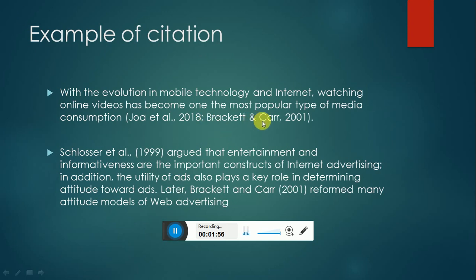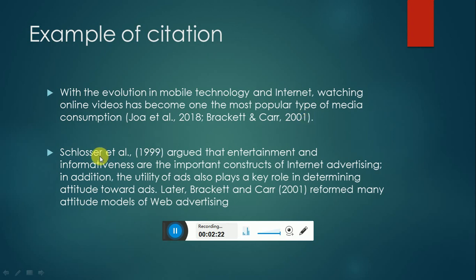So it means that this statement is cited in these two papers of these authors. This is one way to cite: quote the statement and at the end place a bracket with the name of the author with et al., comma, year, then a semicolon, the other author details, and then a bracket and full stop.